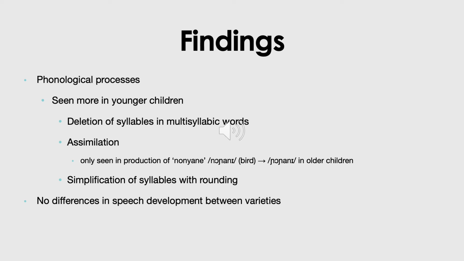However, assimilation seemed to be the exception and was noted to not have disappeared in children who were aged 6 years and 5 months, indicating that it is one of the last phonological processes to disappear in children acquiring Setswana. It should, however, also be noted that assimilation in these children was only noted in production of one word.